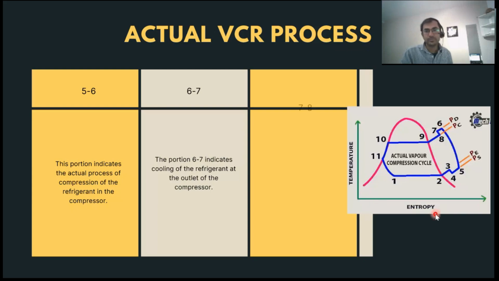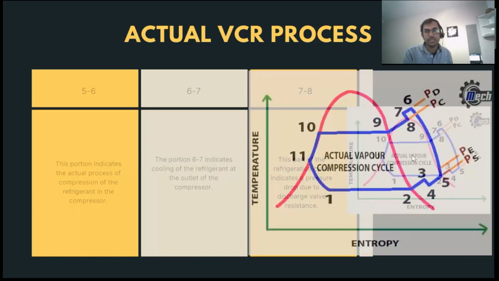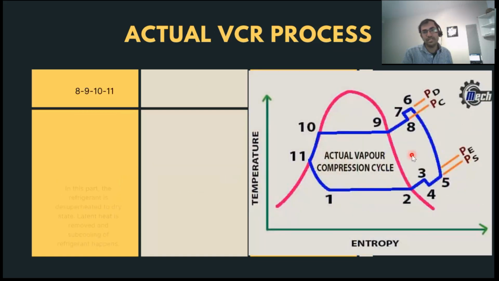And then 7 to 8: this part of the cycle indicates a pressure drop due to discharge valve resistance. All the valves and pipes give resistance, and this is the resistance of the discharge valve, and this is the loss.